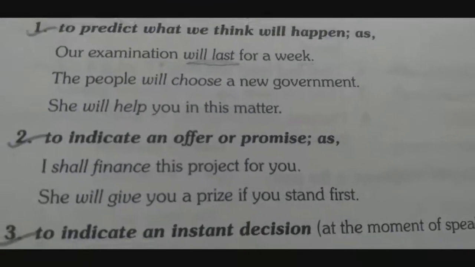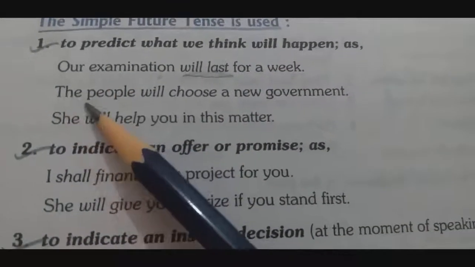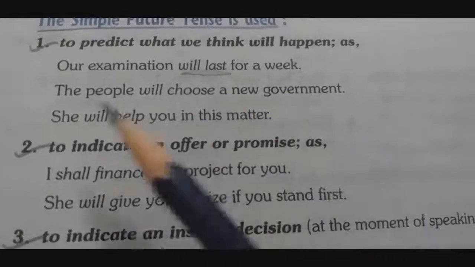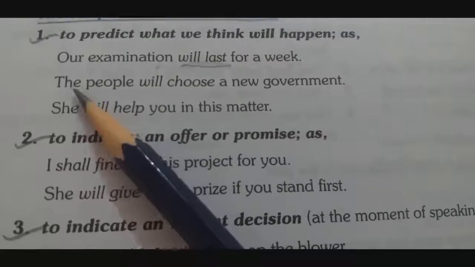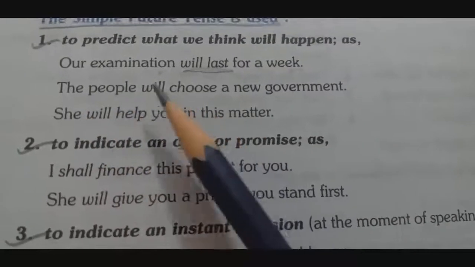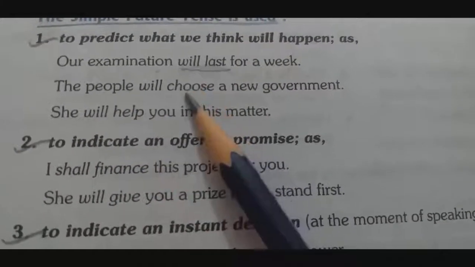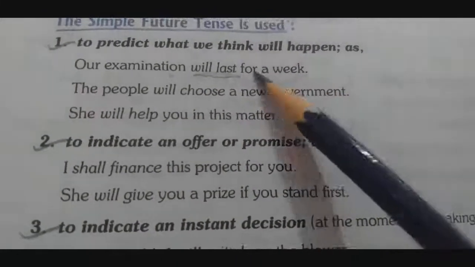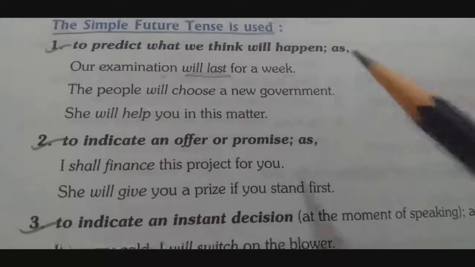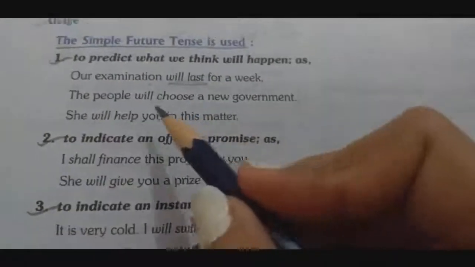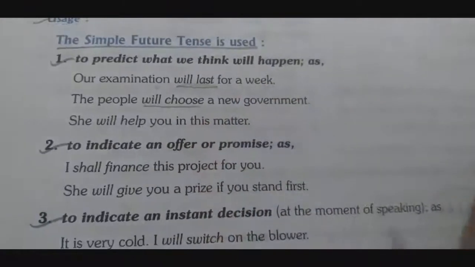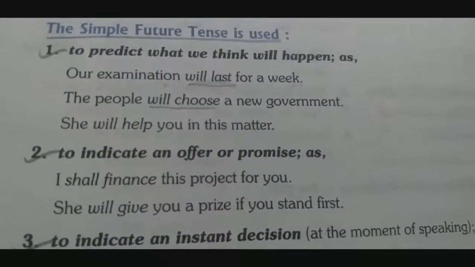Next, number 2: the people will choose a new government. Here, I am telling you that the people will choose. "Will choose" means in future they are going to choose a new government. Similarly, "will choose" is termed as simple future tense. So let me mark "will choose." It is simple future tense.